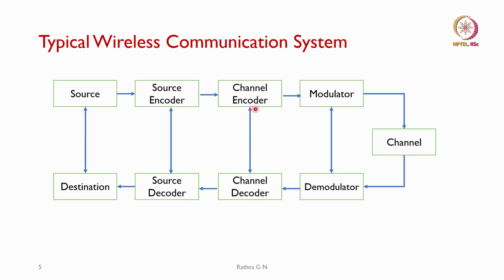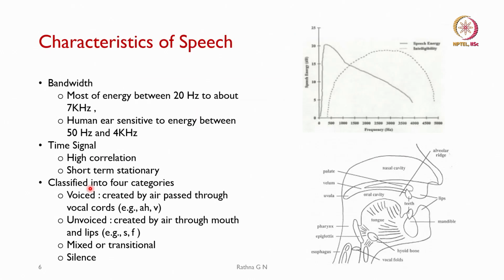If we know the channel, we encode for that also, and at the receiving end we do the demodulation corresponding to whatever modulation technique has been used. Then we go to the channel decoder, then the source decoding, and last is our destination. This is how the wireless communication system looks from the sending end to the receiving end.